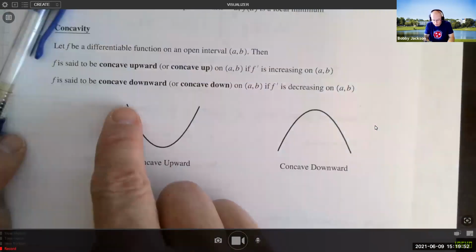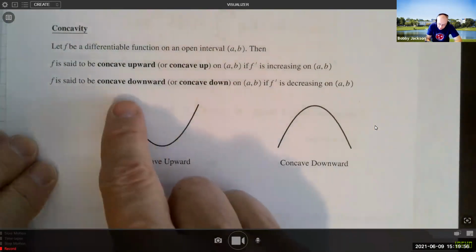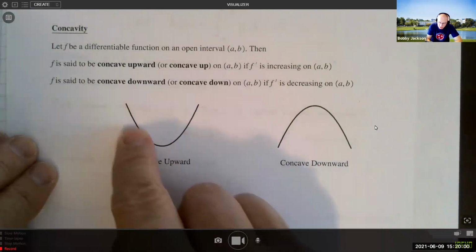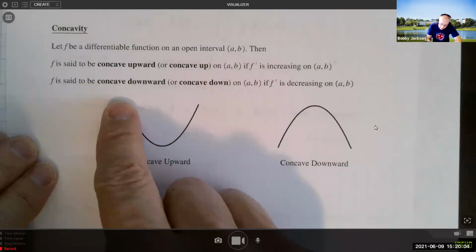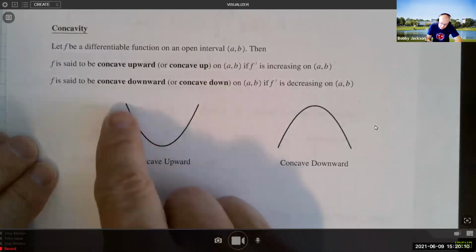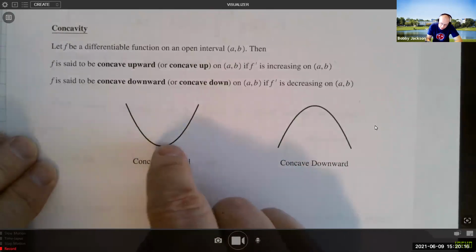So the derivative is increasing as I move from left to right, and that gives us the shape of concave up for the graph of the function. It looks like this. Notice that we can have the derivative increasing but negative on this half, so that the function's decreasing but concave up, and then we can be increasing and concave up.